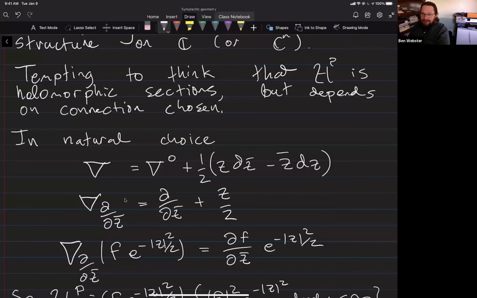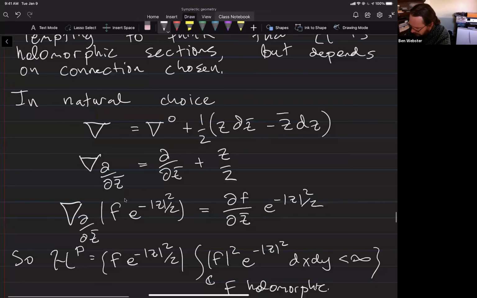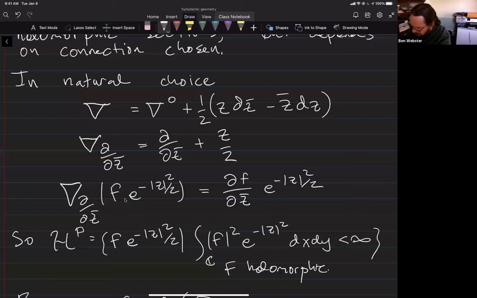This is closely related to the story we had before with x dp and p dx, etc. And so when you take the covariant derivative with respect to d/dz̄, the complexified vector field that gives me the Cauchy-Riemann equations, the derivative of f is df/dz̄ plus z/2 times f.